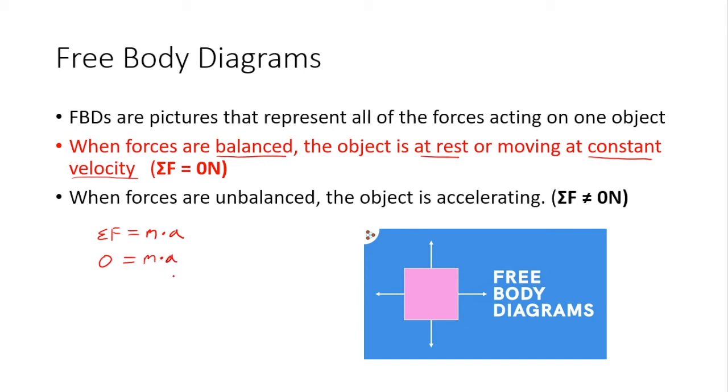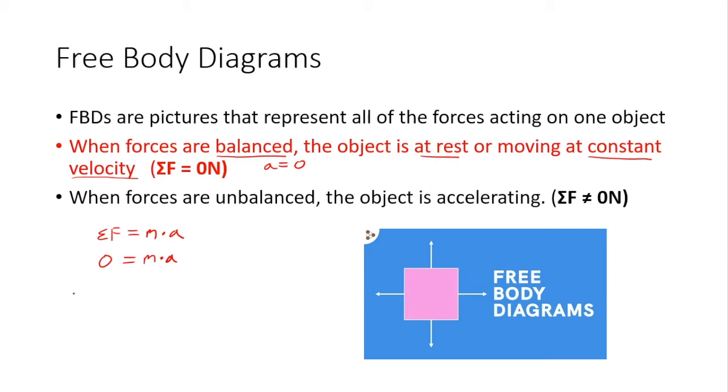We can never have 0 mass, so that means that acceleration would have to be 0 here, which makes sense because we said when these forces are balanced, or in other words, when our net force is 0, we are either at rest or moving at a constant velocity. The only time we can be at rest or at a constant velocity is if acceleration equals 0, which is the case when net force is 0.